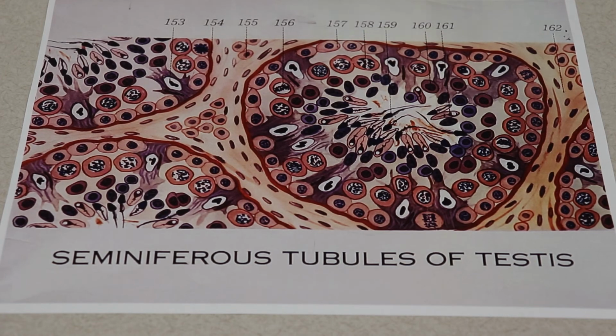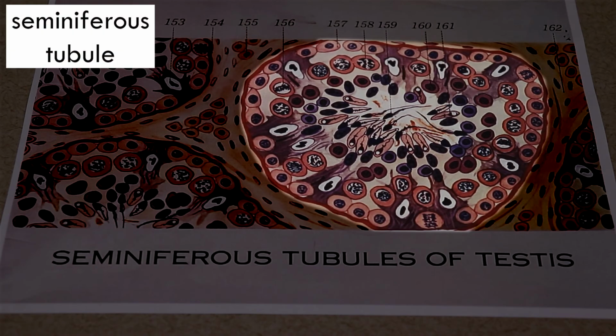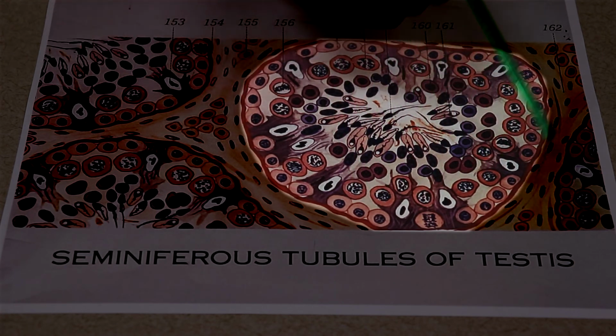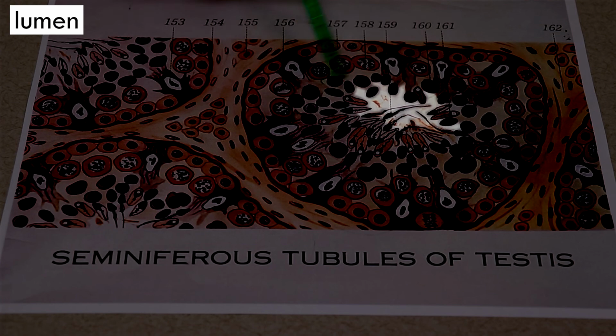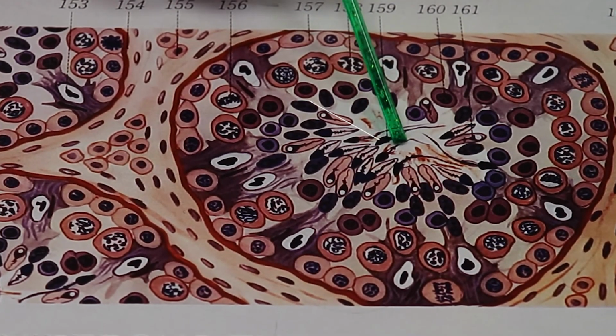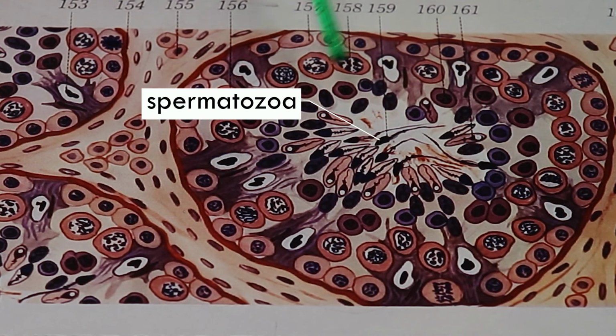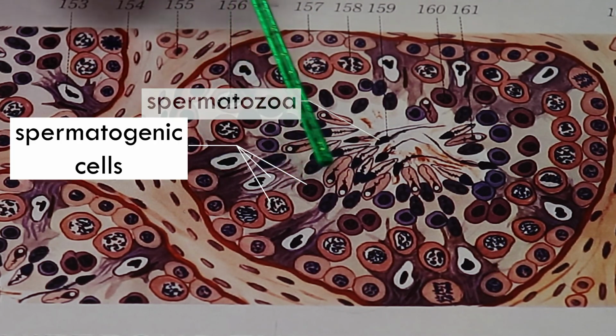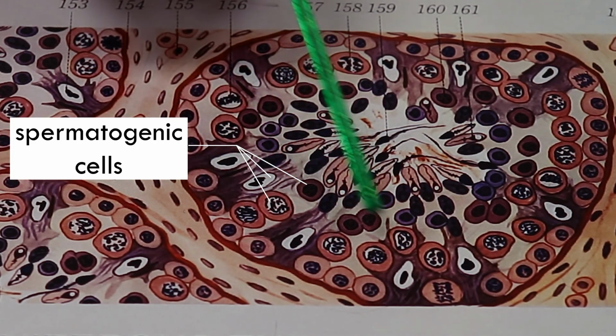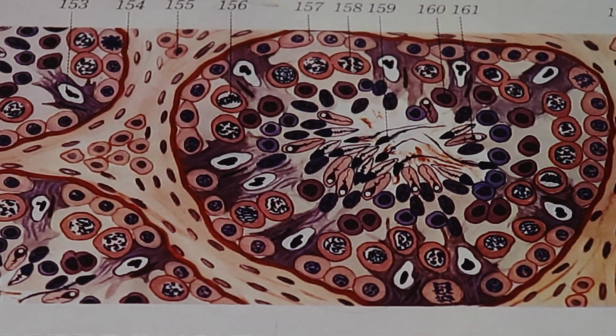Here we see a cross-section of the seminiferous tubules of a testis. This is the tubule itself. This is the lumen of the tubule. Here you can see mature spermatozoa, which arise from these spermatogenic cells that you can see are in various stages of meiosis.